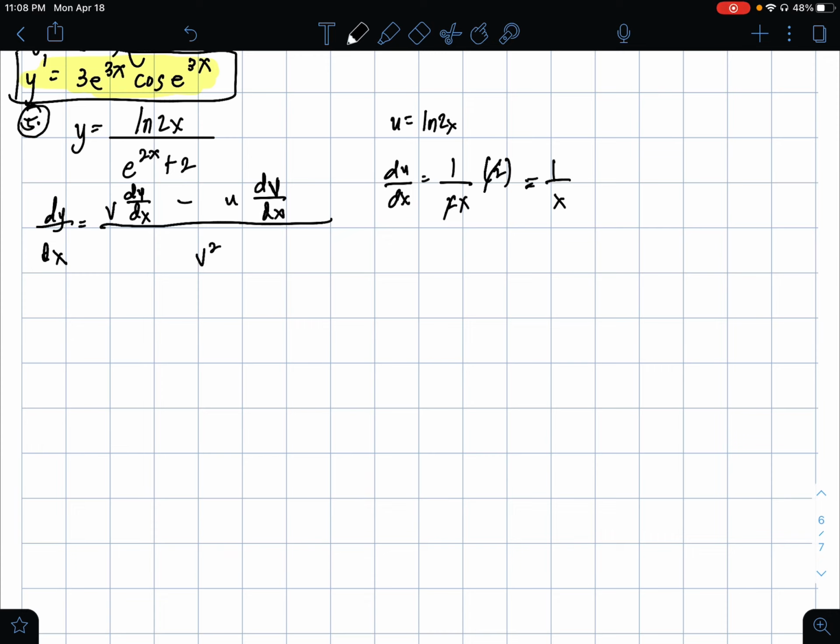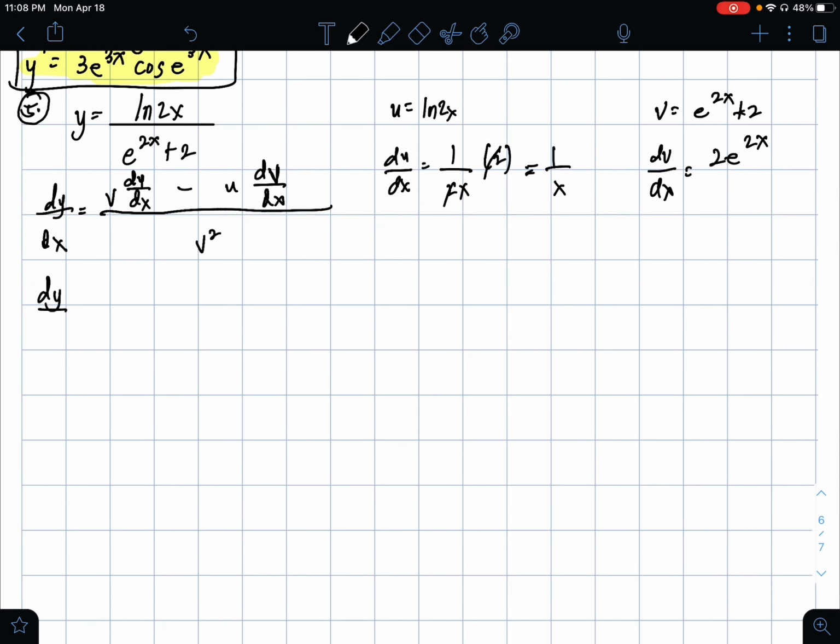Okay? And our v here is e2x plus 2. So our dv over dx is just equivalent to 2e2x. Alright, now we can simply solve this problem. So that is, sa atong v, e2x plus 2 squared.